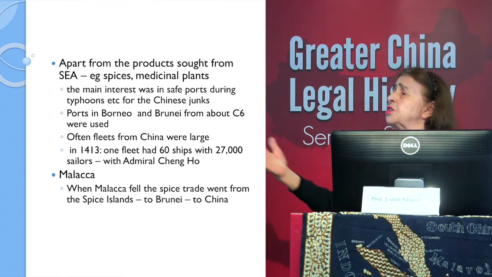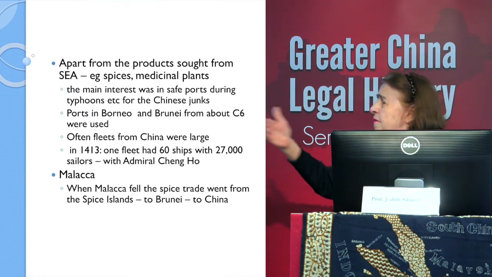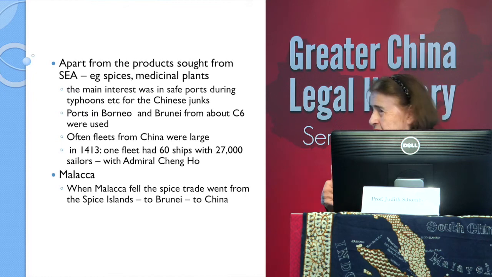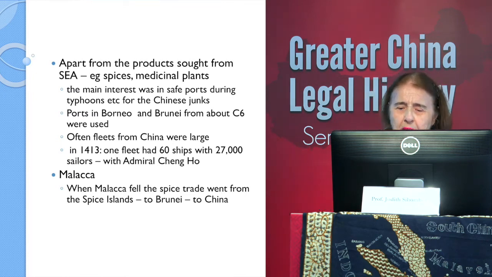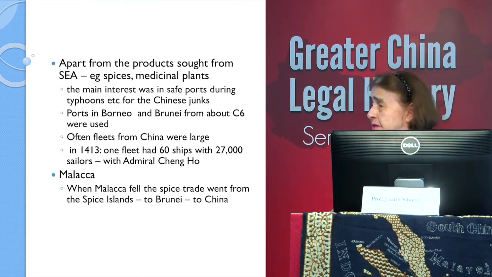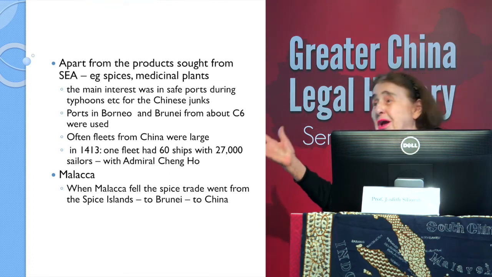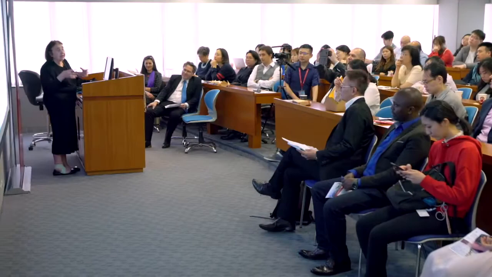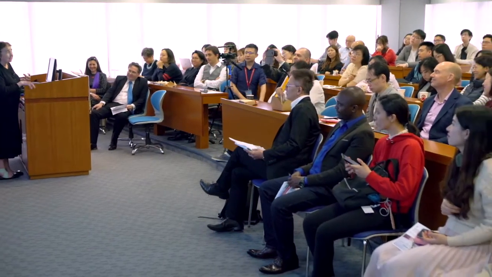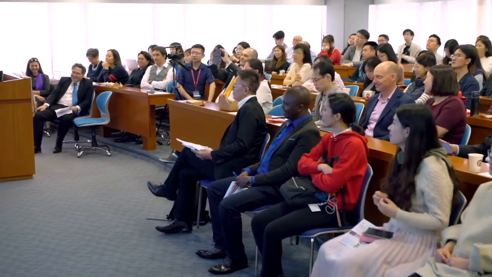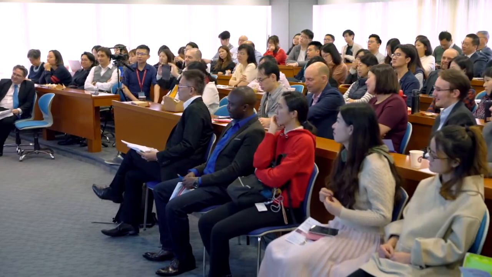The fleets from China who came down from the 5th century onwards, a lot of times each year, were large. One fleet had 60 ships. It's a lot of ships in those days. But 27,000 sailors. Now, I'm not going to ask you how many sailors on each ship. That's going to take till tomorrow to work out. But think about it. People in all directions.